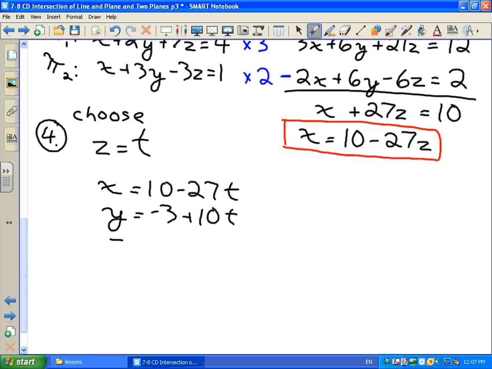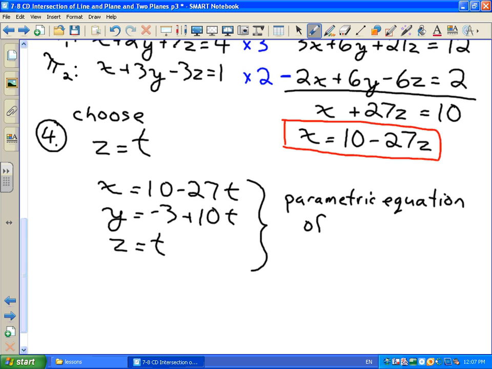Our z expression is z equals t, and there we are. There is the parametric equation of a straight line. So this is the line that is our solution. So this is the parametric equation of the line of intersection.